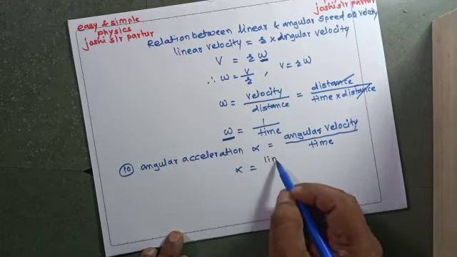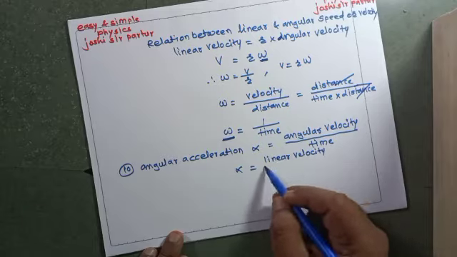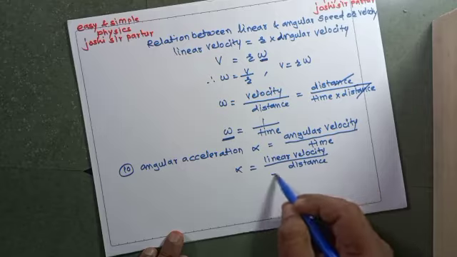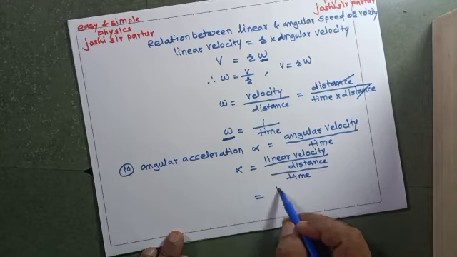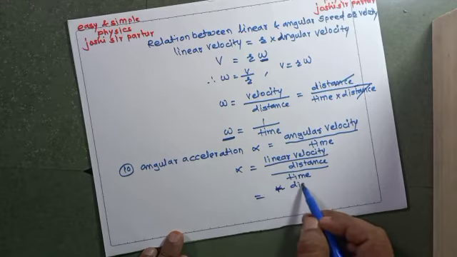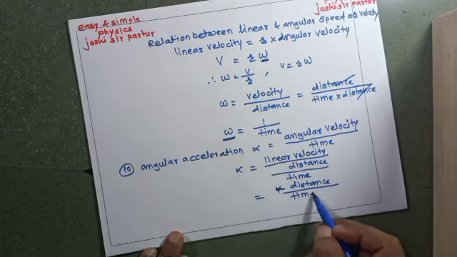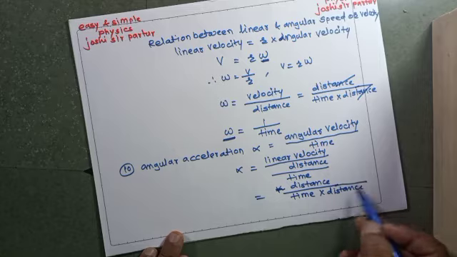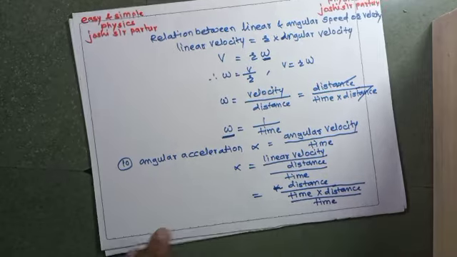So that is linear velocity upon distance, upon time. Linear velocity can be written as distance divided by time, multiplied by 1 upon distance, divided by time.